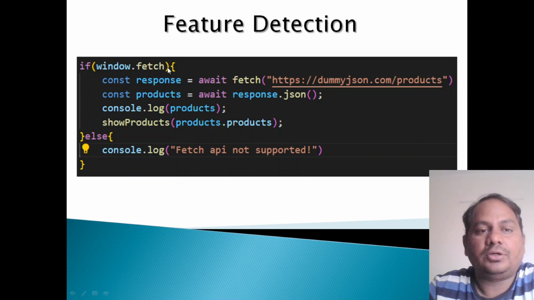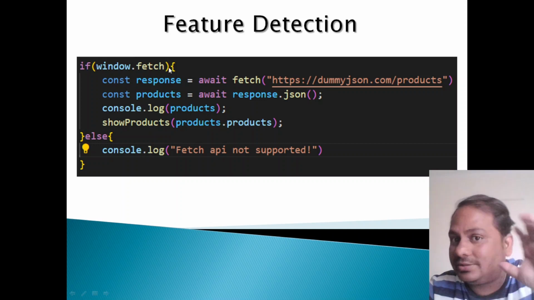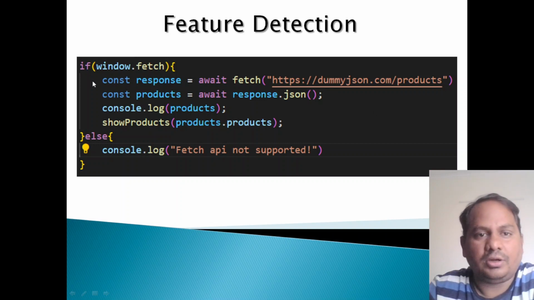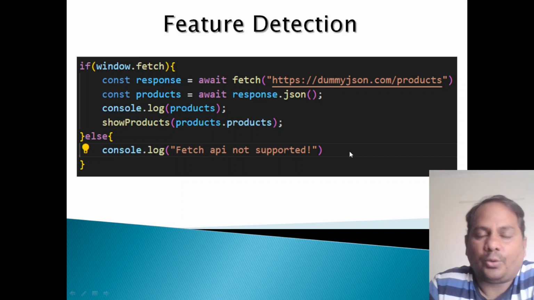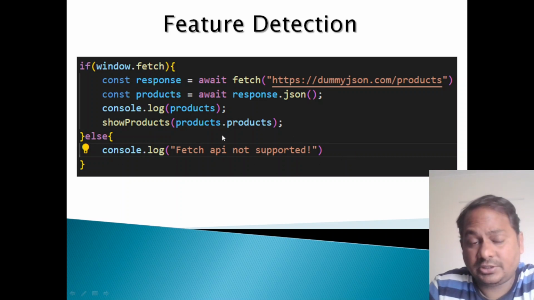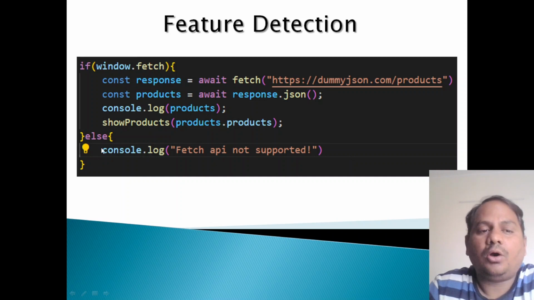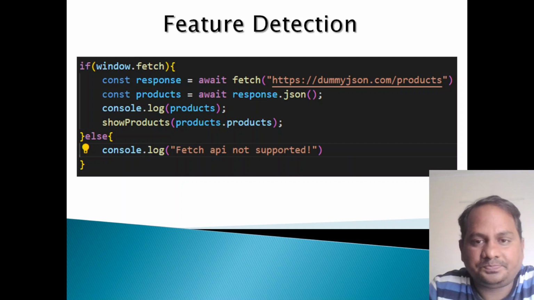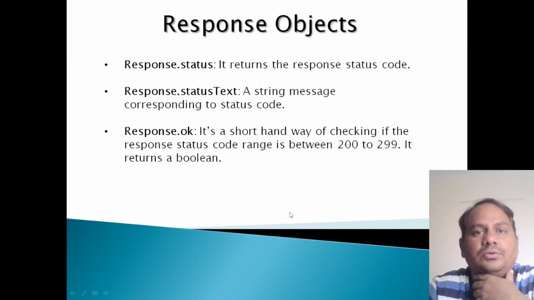If window.fetch, meaning fetch is supported, then you can execute your fetch API call here, or otherwise you can do whatever is your requirement. You can call the XML based mechanism here, or you can simply say sorry, your browser is old or something else. Okay, let's go to the next.